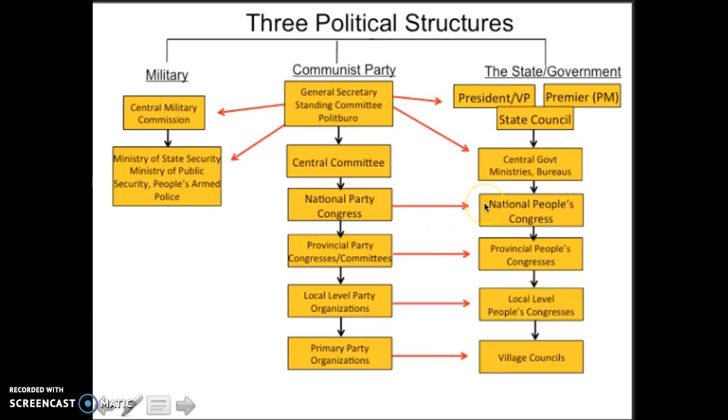And then they go on to select people to serve in the National People's Congress. And the National People's Congress is the legislative branch, basically, of the Chinese government. So you can see that there's a direct connection between the party and the legislative or the state and government because they are interconnected.